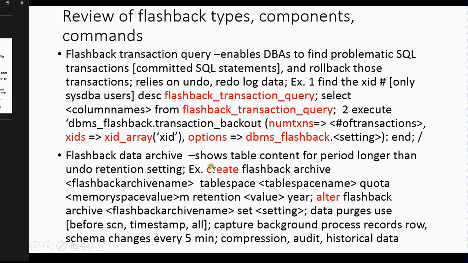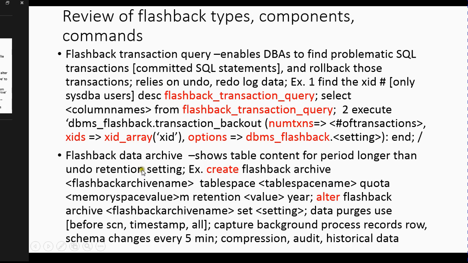In terms of flashback data archive, as I was telling you before, it allows you to store content inside of a table for a long period of time. You'll be bypassing the typical configuration that you set, just for that one table, in terms of the undo retention.